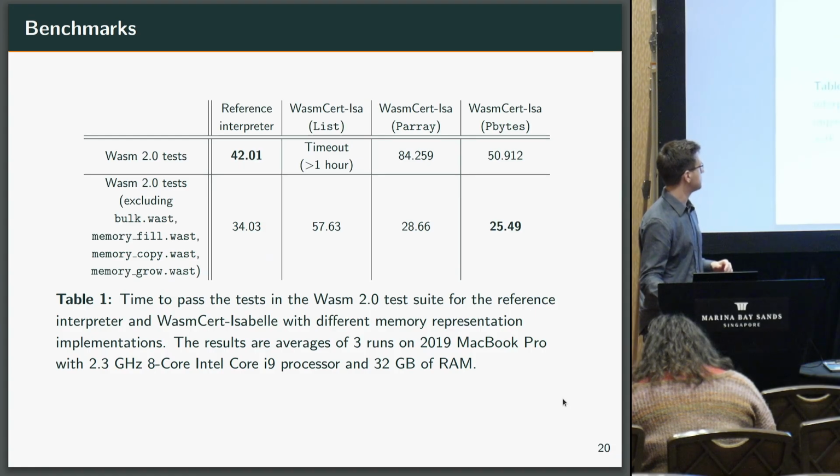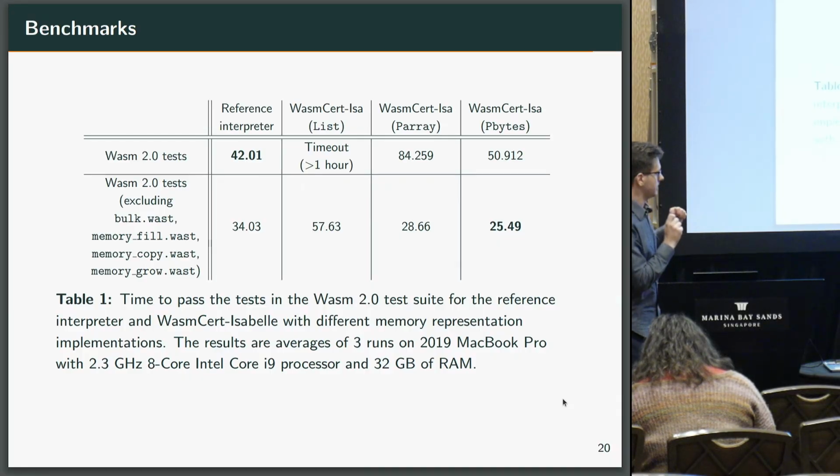Now, we also have some benchmarks for running the WebAssembly reference interpreter and the WasmCert-Isabelle interpreter with different representations of memory. If we run this on the Wasm 2.0 test suite, the reference interpreter is the fastest.